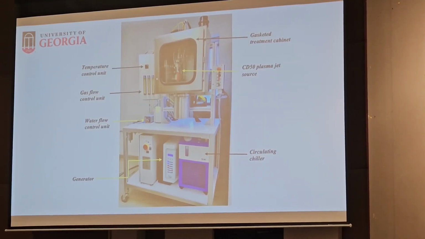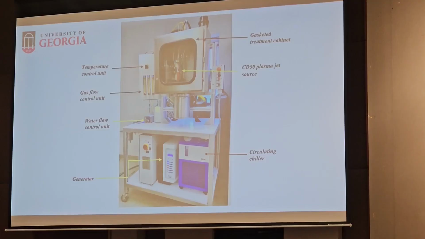This is the type of device we have in our lab. Basically, we put all these components together. We bought these from Plasma Jet, and on the top is where we generate the plasma. On the bottom shelf we have the generator to create the high voltage, the cooling unit, the chiller, and in between, that little cylinder hanging in there is our treatment chamber.